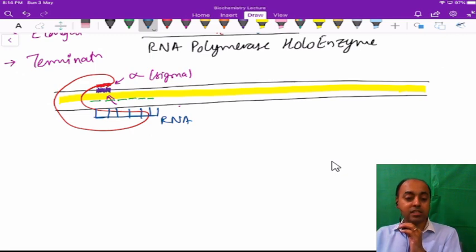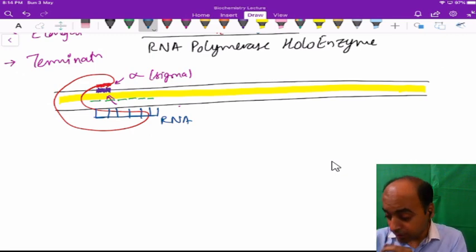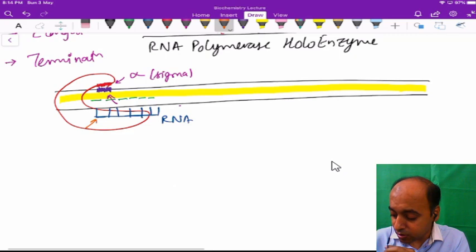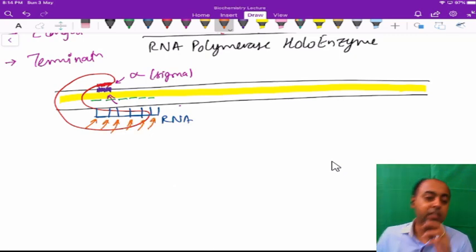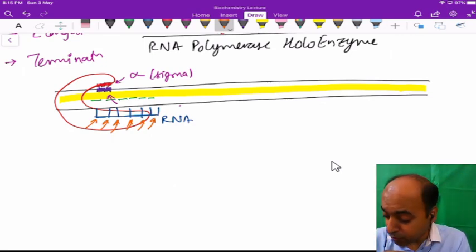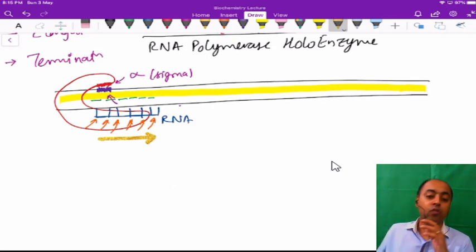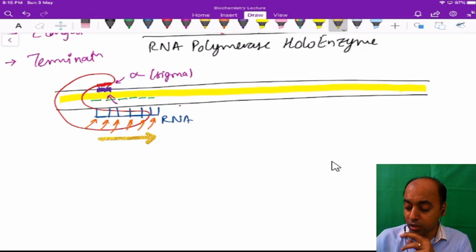But once you synthesize the RNA, each of these positions can be identified by the RNA polymerase, because RNA polymerase has itself put in those RNA nucleotides, and therefore they are providing the attachment to the RNA polymerase, with the help of which the RNA polymerase can now start moving forward along the DNA.